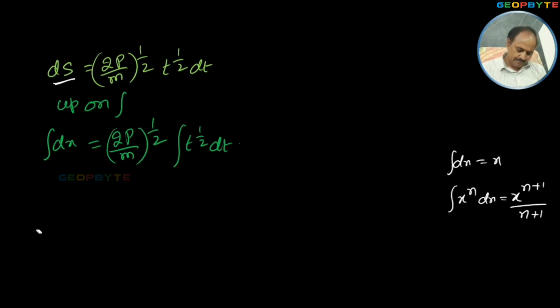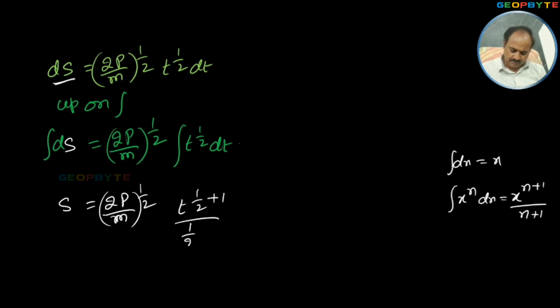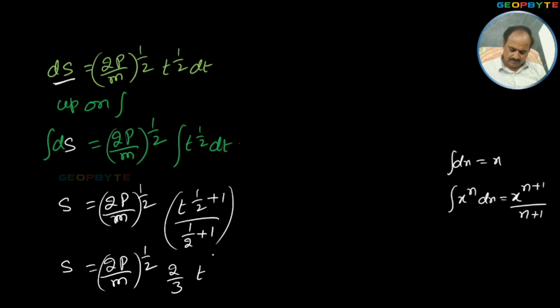Here is a printing mistake. This is ds equals s, (2P by m) whole power 1 by 2 constant, t power 1 by 2 plus 1 divided by 1 by 2 plus 1. So s equals (2P by m) power 1 by 2 into 2 by 3 t power 3 by 2. Simple mathematics.